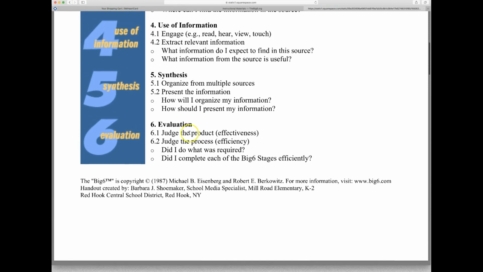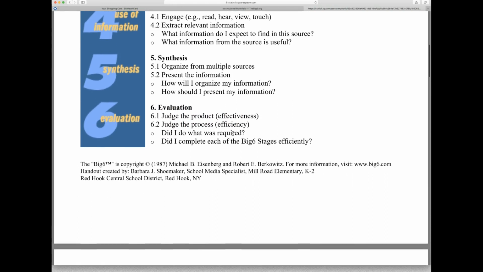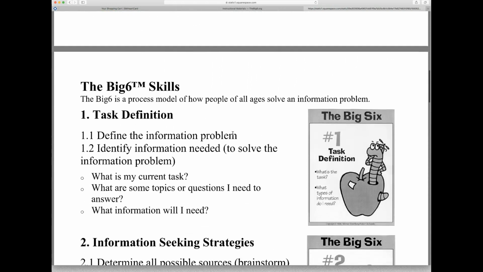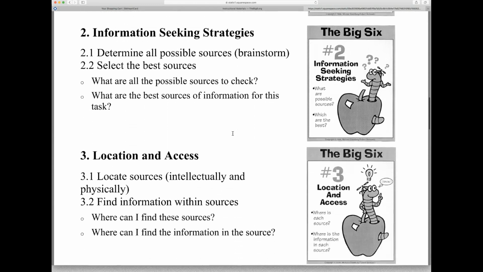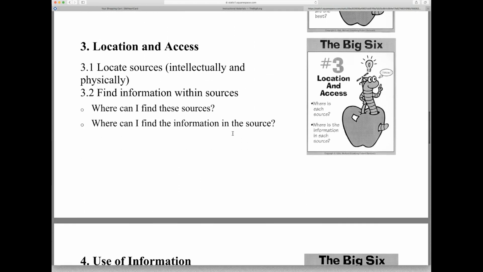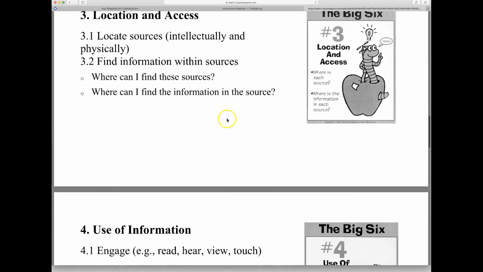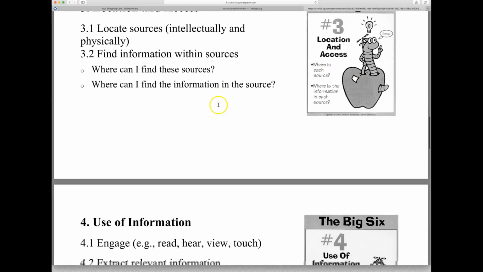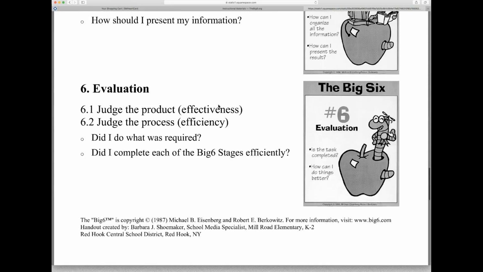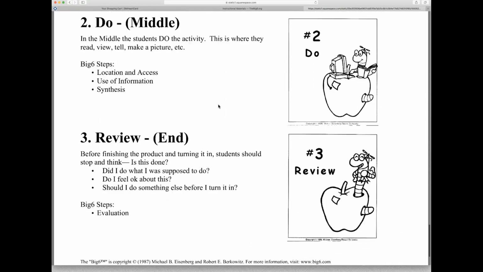They do talk evaluation. I think judging the product effectiveness, but I also think effectiveness and how you found information is part of what you need to look at. And then there's another link, I think, with these that are separate, but again, it's a different way of looking at it. And then they have the Super 3 plan, do, review.